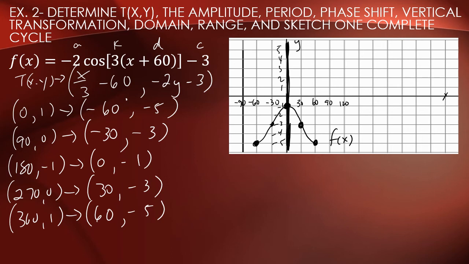Again, you don't have to do this. I'm just going to do it for the sake of the lesson. If you're like, oh, that doesn't really tell me how cosine's been transformed, well, remember, cosine does this: 0, 1, 90, 0, 180 and negative 1. It's right there. Back at 0 at 270, and then back at 1 at 360 right there.